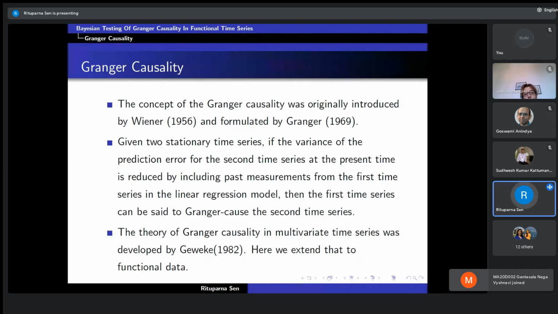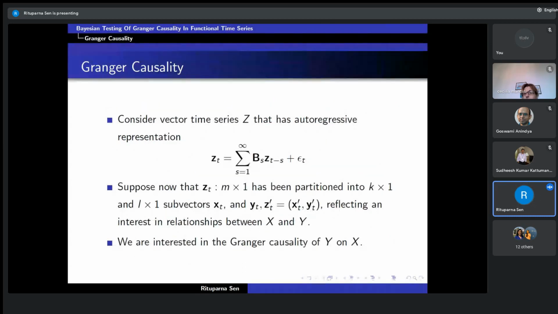This in multivariate time series was developed by Geweke, and here we will extend that to functional data. So consider a vector time series that has an autoregressive representation, and suppose this z can now be partitioned into x and y. That is what I was saying in words, but I was speaking about the univariate case.